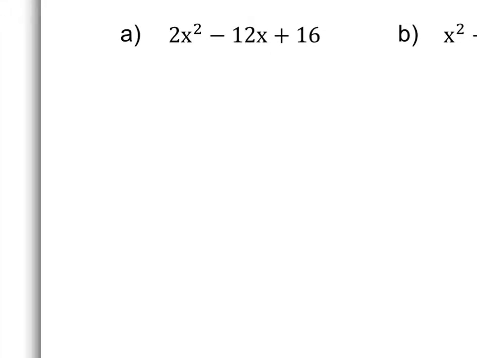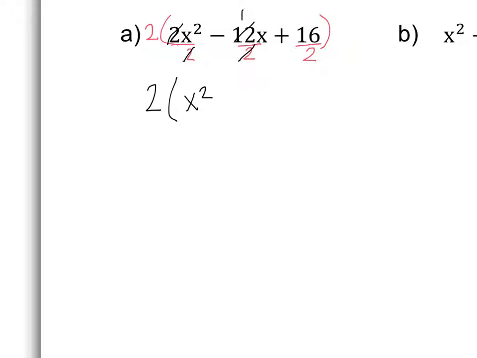The first step was to factor out a greatest common factor. So is there something common between all three of these? Yes, there's a common 2. So we need to bring a 2 out to the front. And in order to do that, divide everything by 2. Okay, so we will have 2 times, these cancel, we get x squared.